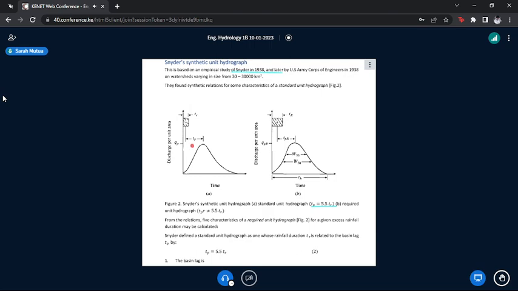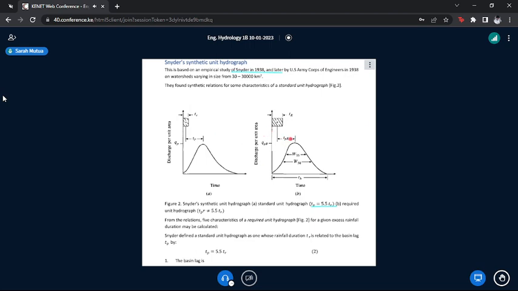That is the time lag. Normally you could equate time lag to time of concentration. When you have a rainfall duration equivalent to the time of concentration, you have a peak flow, because most areas of the catchment will be contributing to runoff.